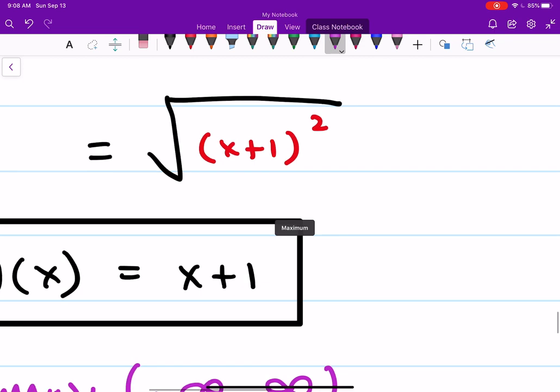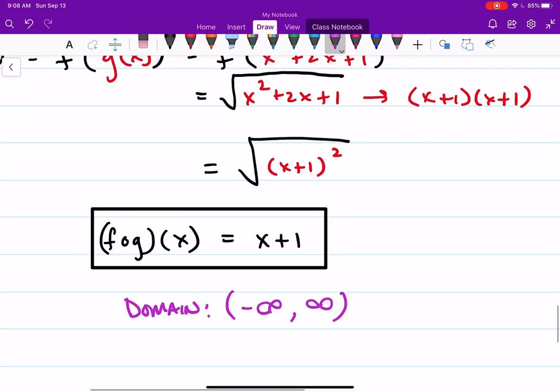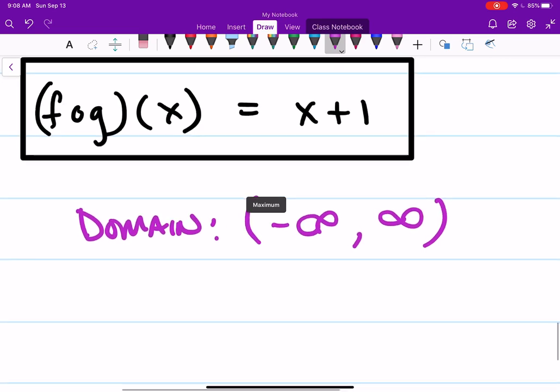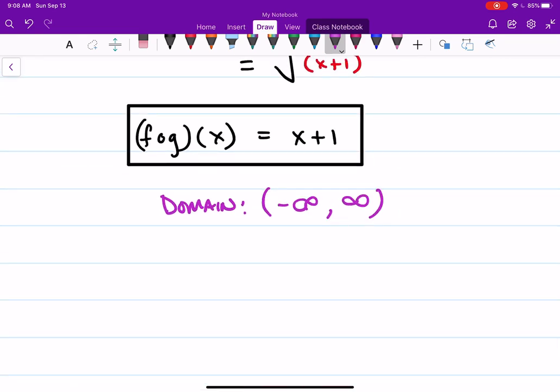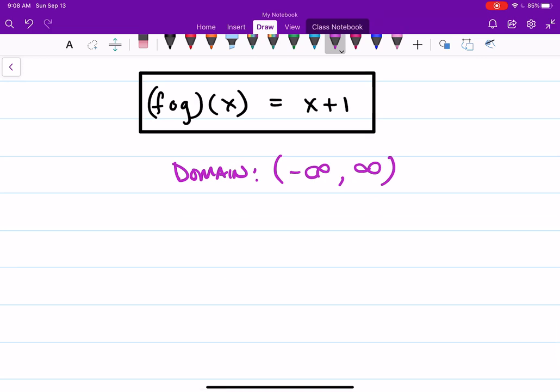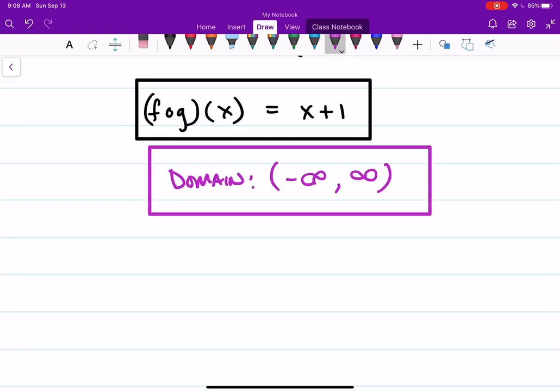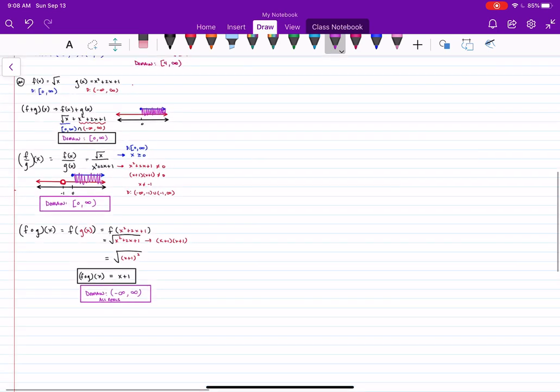So then I can take a square root of it. So any of those things can happen. If you look at my result being x plus 1, I don't have a radical, I don't have a fraction, I'm good to go. So therefore my domain would be negative infinity to positive infinity, or we also know this as all reals.